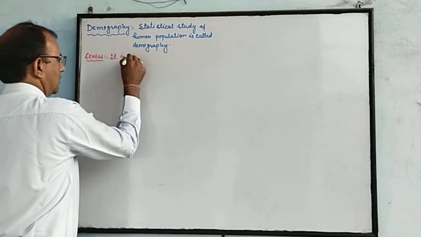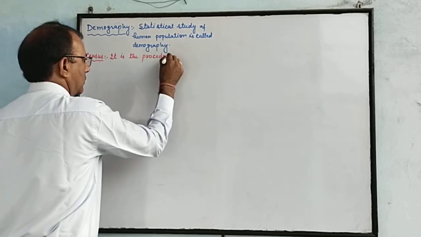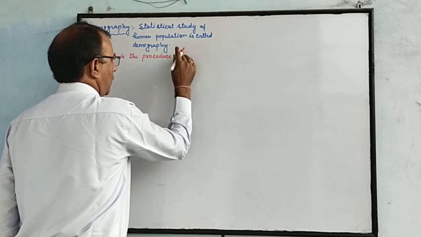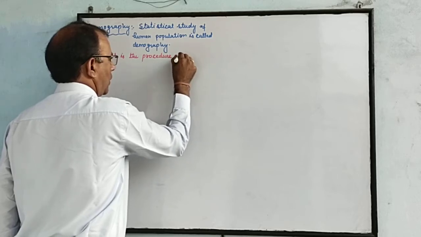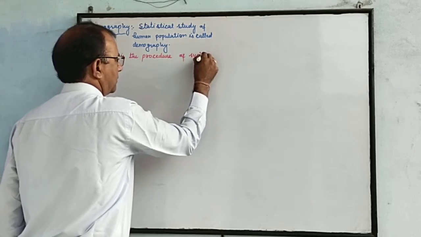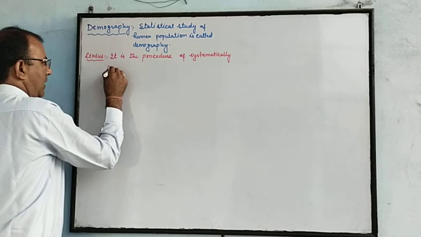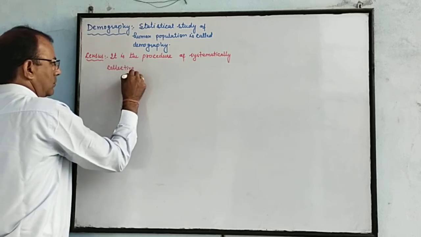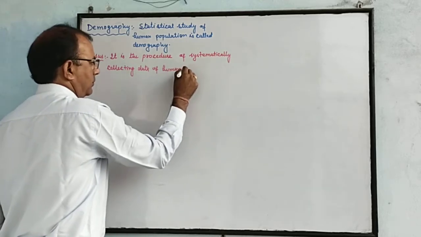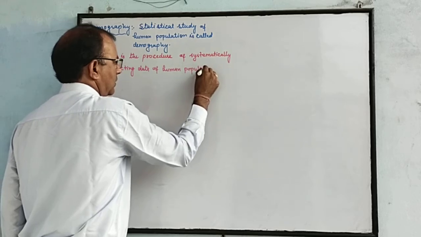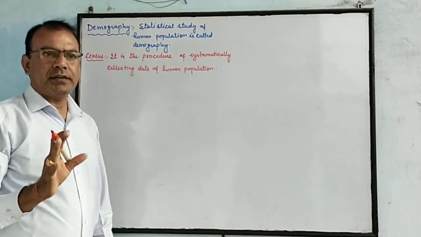It is the systematic procedure of systematically collecting data of human population, that is called census. Census is conducted after every 10 years.